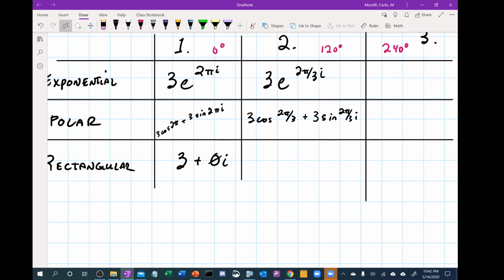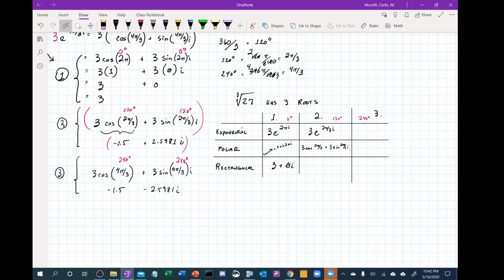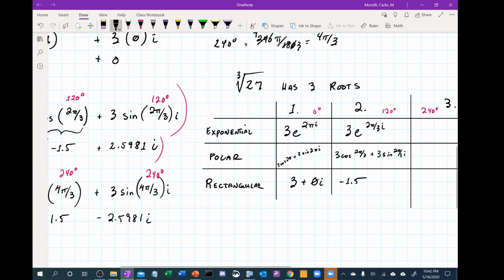And so the final form would be the rectangular form, and the best I can do there is to give an approximation. And here was negative 1.5 plus 2.5981i.